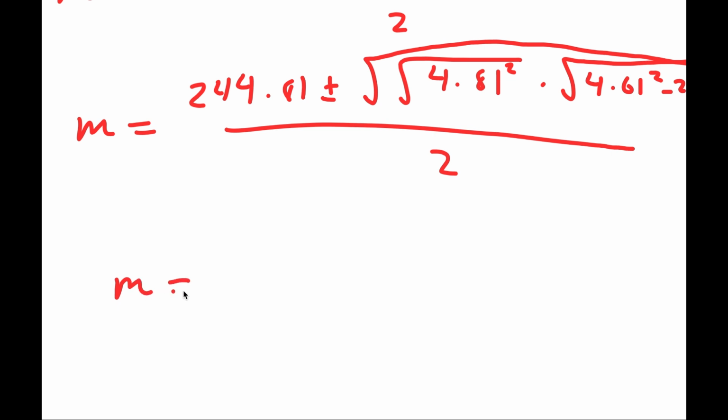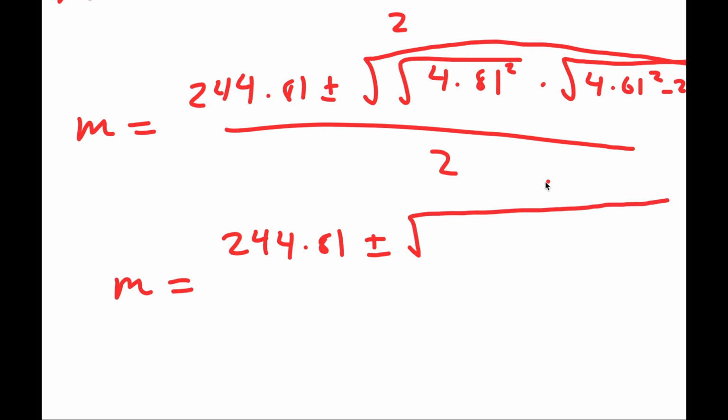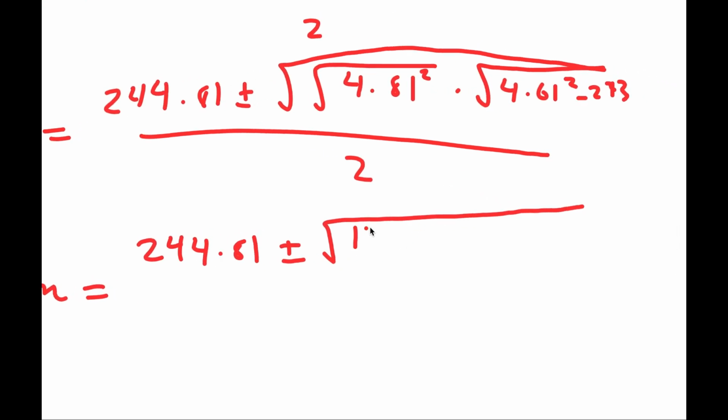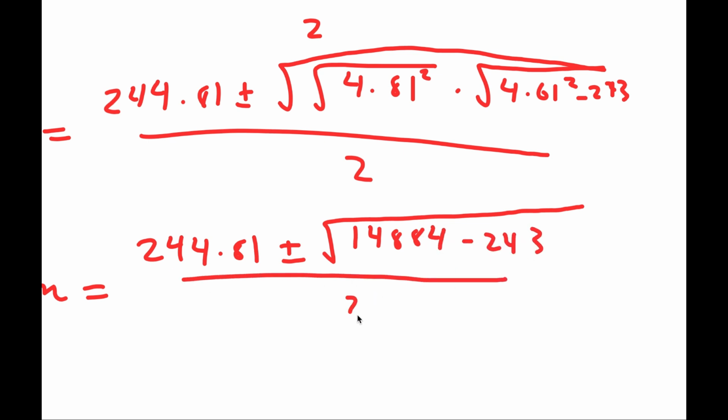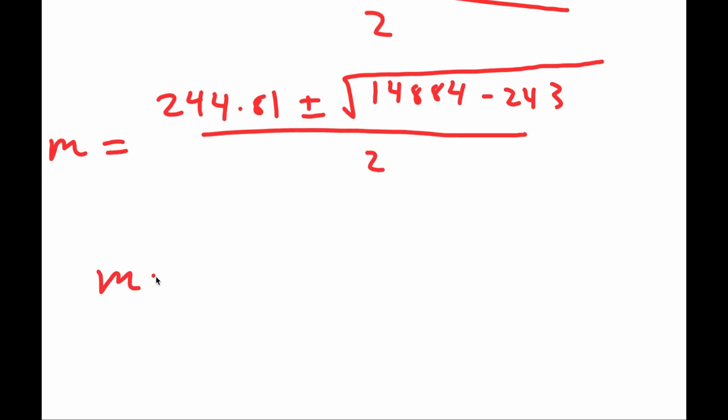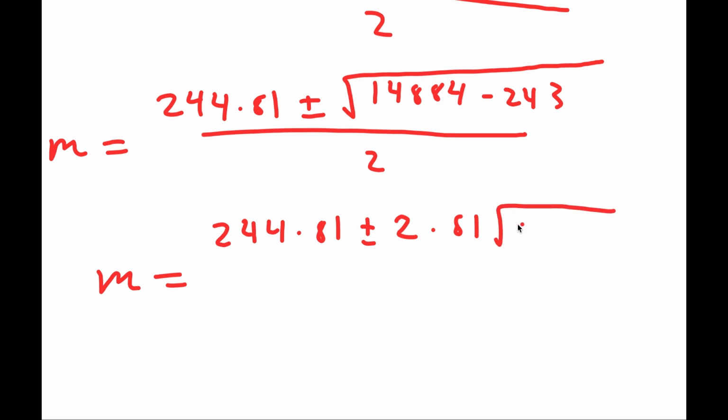So now this simplifies to 244 times 81 plus or minus the square root of 14,884 minus 243, over 2, which is equal to 244 times 81 plus or minus 2 times 81 times the square root of 14,641.